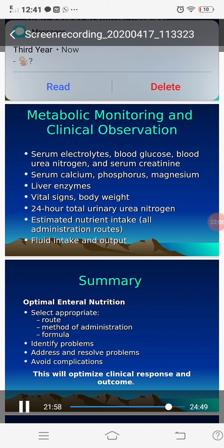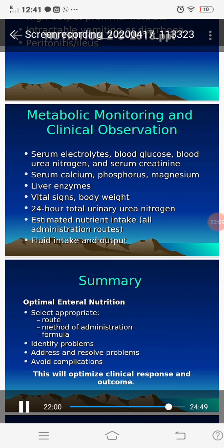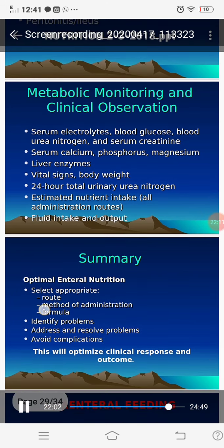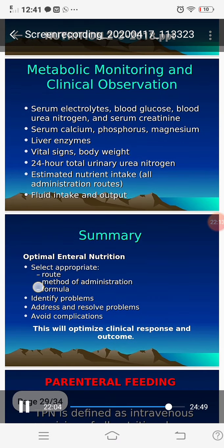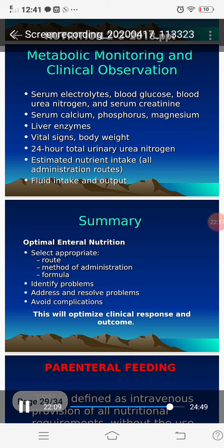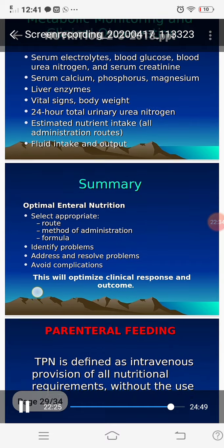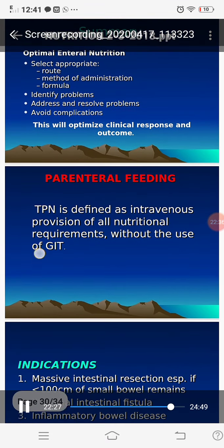Liver enzymes, vital signs, body weight, 24-hour total urea nitrogen level, estimated nutrient intake, all administration routes, fluid intake and output. So all these balance should be monitored. Fluid intake, output, how much feed you have given to the patient, vital signs, body weight, improvement or decrease in body weight, liver enzymes, gut function, electrolytes balance, kidney functions.